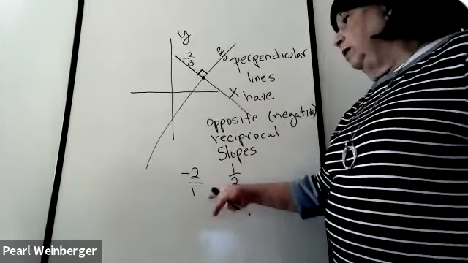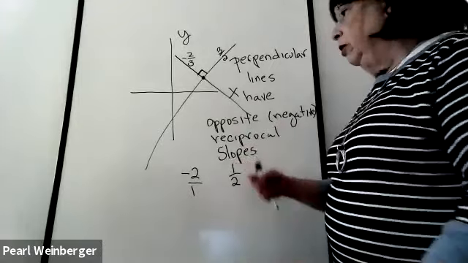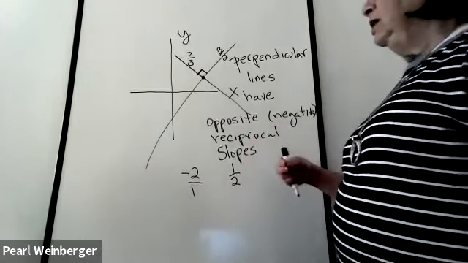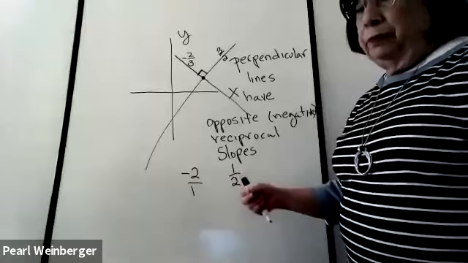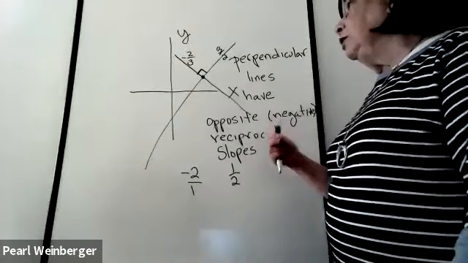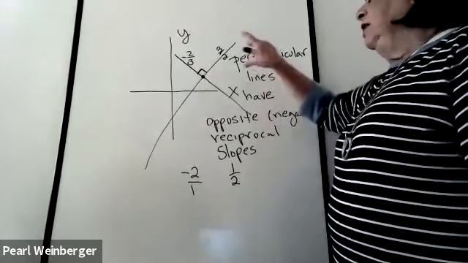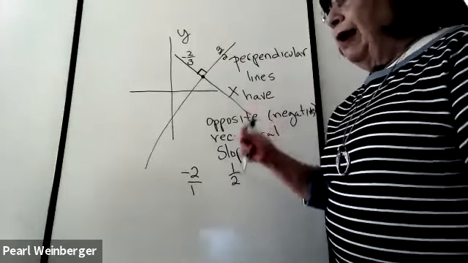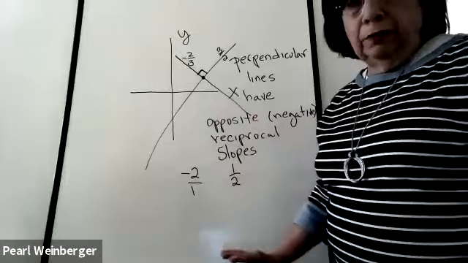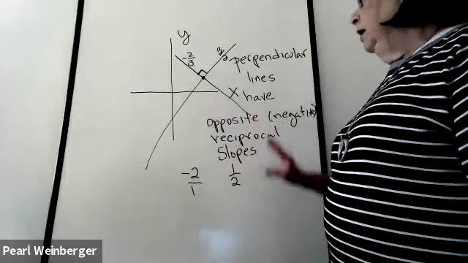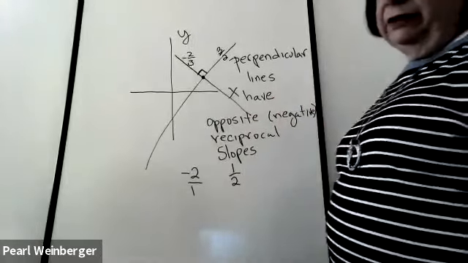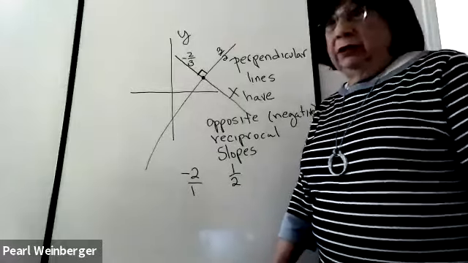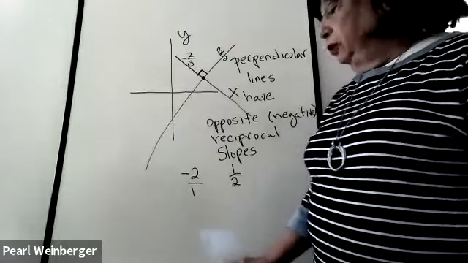Again, if it's a whole number, you put it over 1 and flip it over. So you can tell if two lines are perpendicular by looking at their slopes. They're not going to be the same number, they're going to be what we call opposite reciprocal slopes. These are two important facts that you can tell just from slopes.